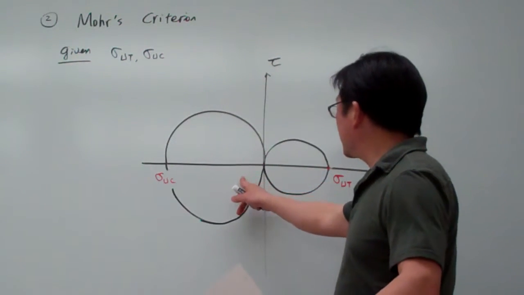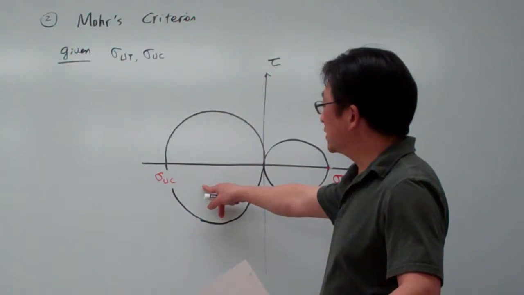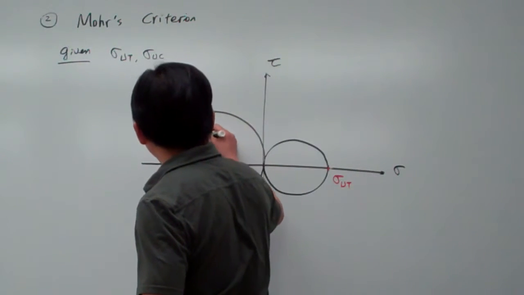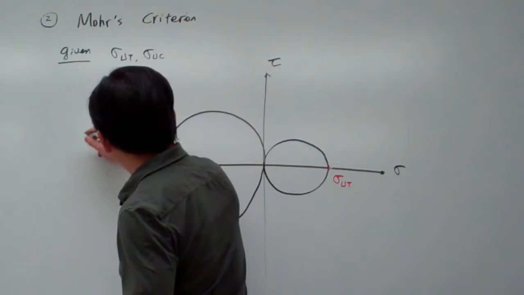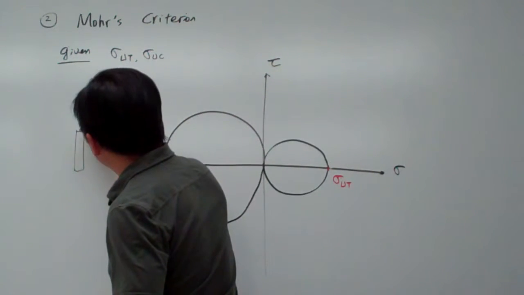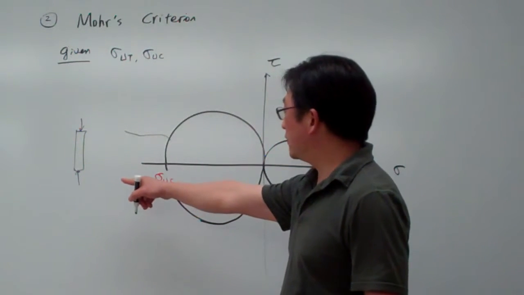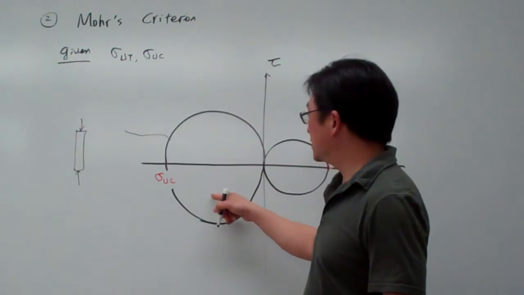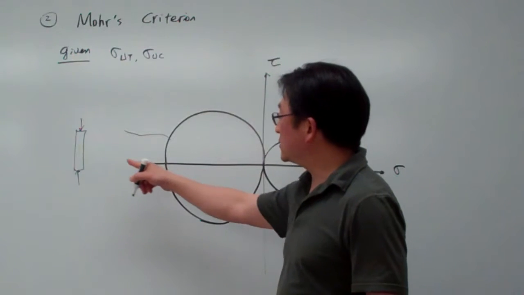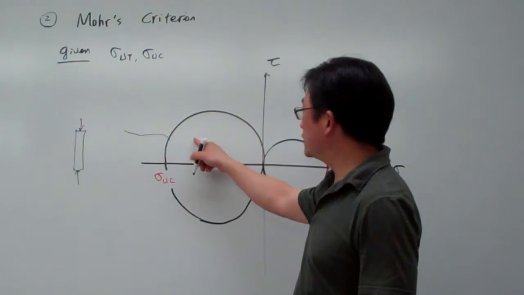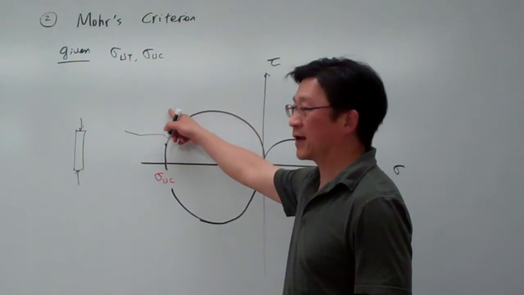For this circle, the corresponding condition is that the material is under pure compression. All scenarios of this kind will fall into this circle. Depending on the loading, your loading condition would be a point which might be inside the circle or outside.